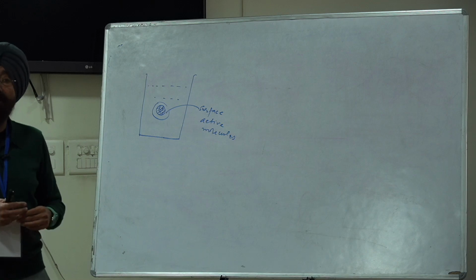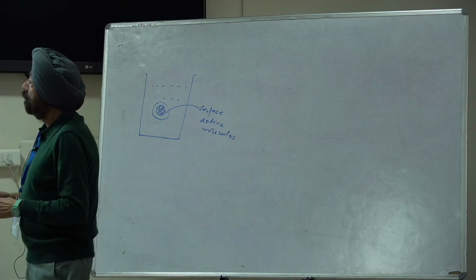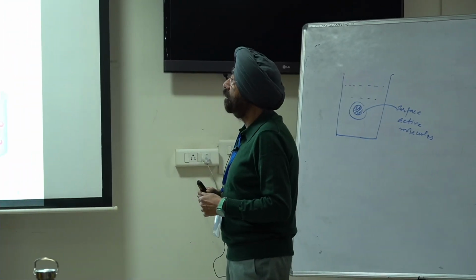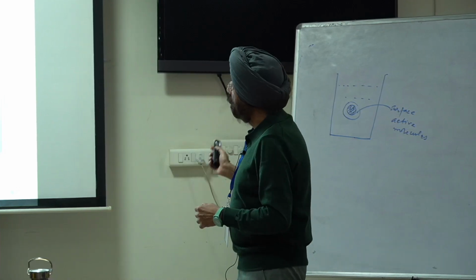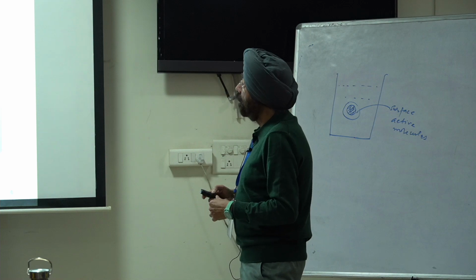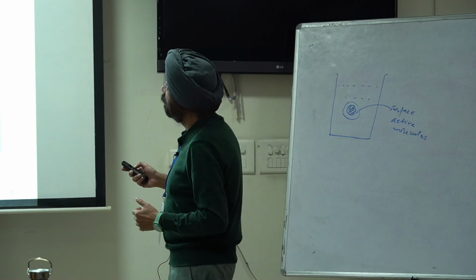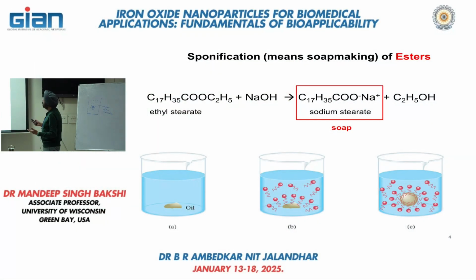But how can we judge that? We need to use the layer around the nanoparticle, and that is related to the behavior of the amphiphilic molecules to aggregate in a spherical kind of shape.